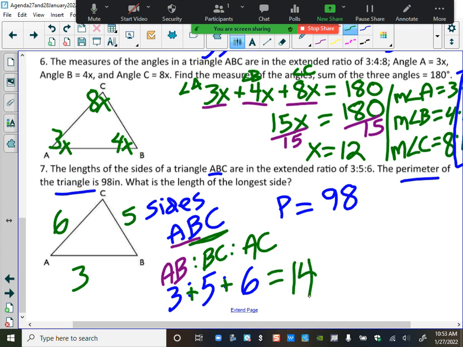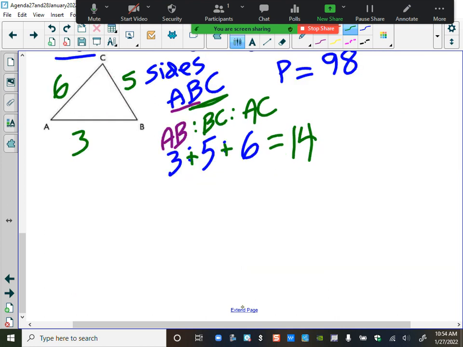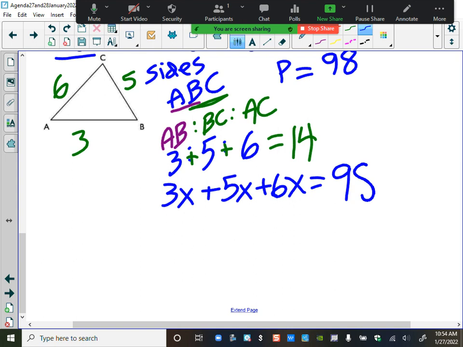14x equals 180. Well, be careful. Rather than 98, here's what you do. You're going to make it so that in the end, you have 3x plus 5x plus 6x is 98. That's what we want in the end.